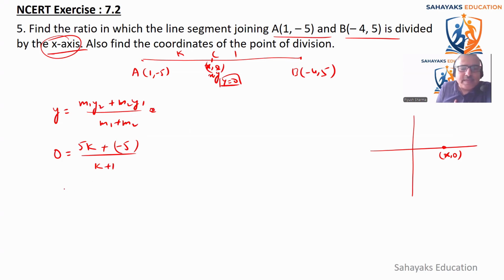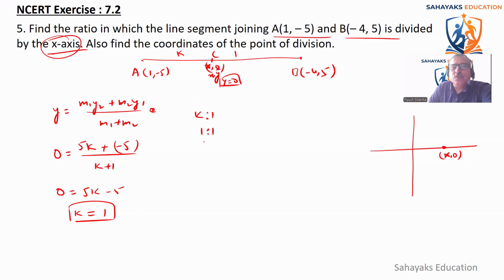So if we cross multiply, it comes as 0 is equal to 5k minus 5, and the k value comes out to be 1. What does it mean? That means the ratio k is to 1 is 1 is to 1. 1:1 means the point C is the midpoint of the 2 points. Okay, this point C is the midpoint of A and B.